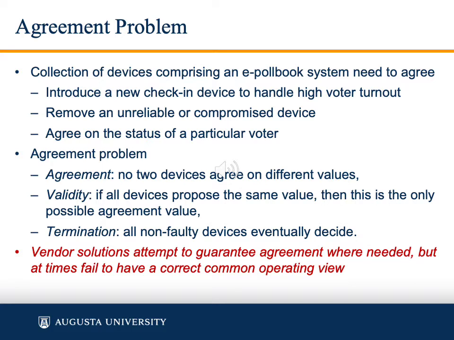For a more comprehensive solution, the agreement problem that is known to be very challenging in distributed systems is needed, for example, to introduce a new check-in device and to handle high voter turnout, to remove an unreliable or compromised device, and to agree on the status of a particular voter, whether they voted or not. And again, vendors are oblivious to the fact that this is a difficult problem, generally speaking.